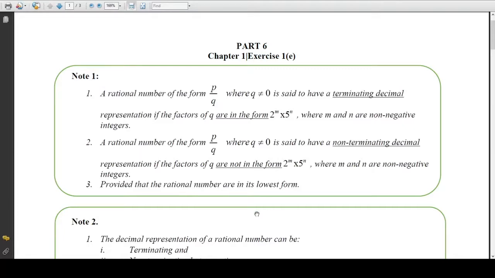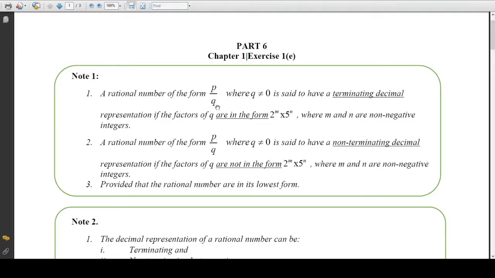Now p is the numerator, q is the denominator. We have to find the prime factorization of q. In the previous class we discussed finding the prime factorization, and I think by this time you will be able to do it for the denominator.